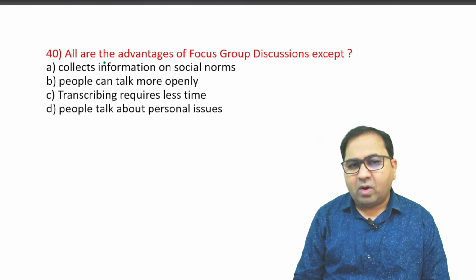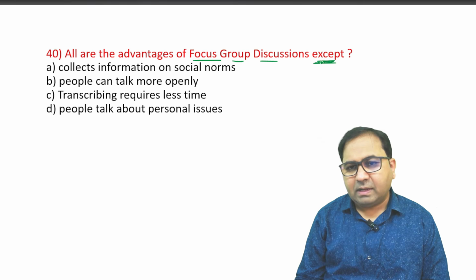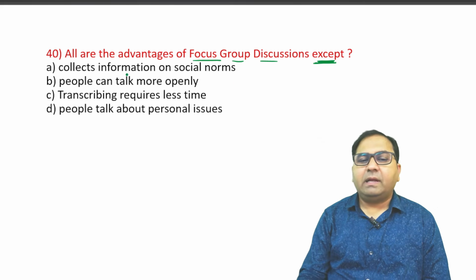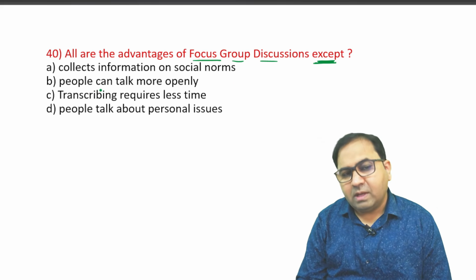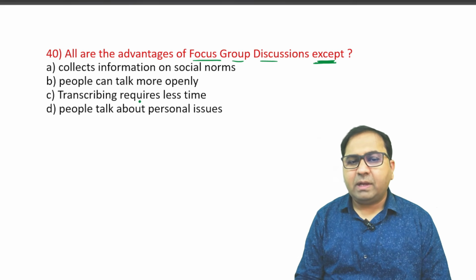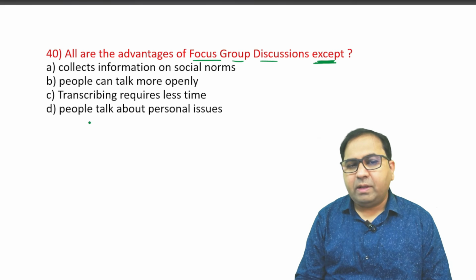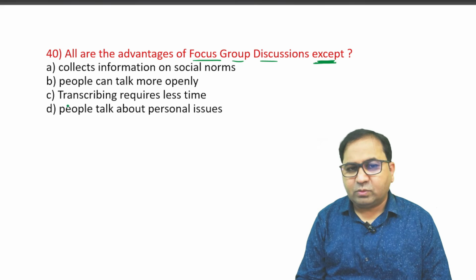So next question. All are the advantages of focus group discussions except: options are A, it collects the information on social norms, B, people can talk more openly, C, transcribing requires less time, or D, people talk about personal issues. So what are the advantages of focus group discussions? Let us see the options again.